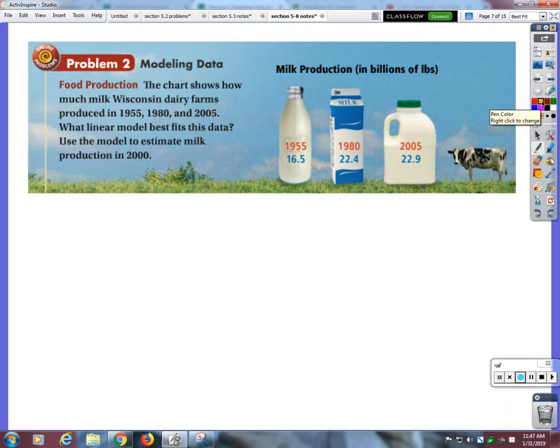This time, we're given some real world data. And notice how clever they are about their display. The first milk bottle comes from 1955. Look at the 1955 milk bottle style. Then 1980, we've modernized it a little bit. And it's also maybe bigger, and then 2005. So again, we're going to turn this into an XY table.